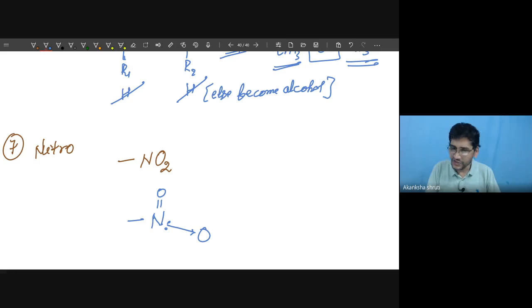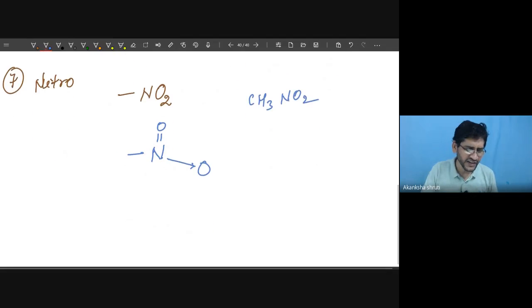This structure is not required for you, but just keep in mind this much. Structure-wise it is drawn like this, with the arrow from nitrogen to oxygen. Example, maybe CH3NO2. So it is nitromethane, used as prefix. This much is enough for you.